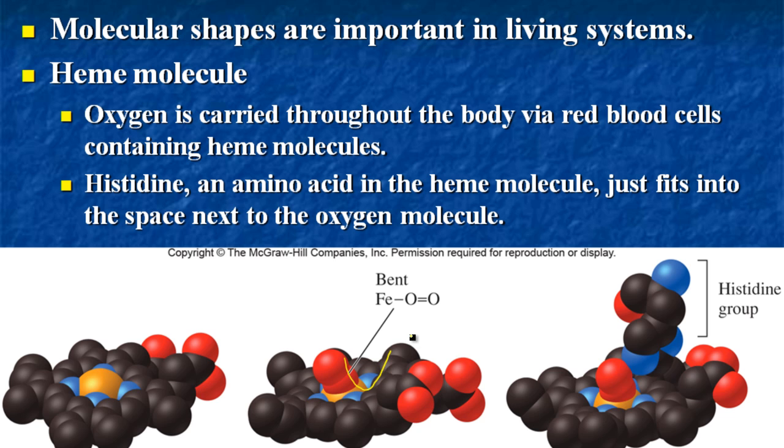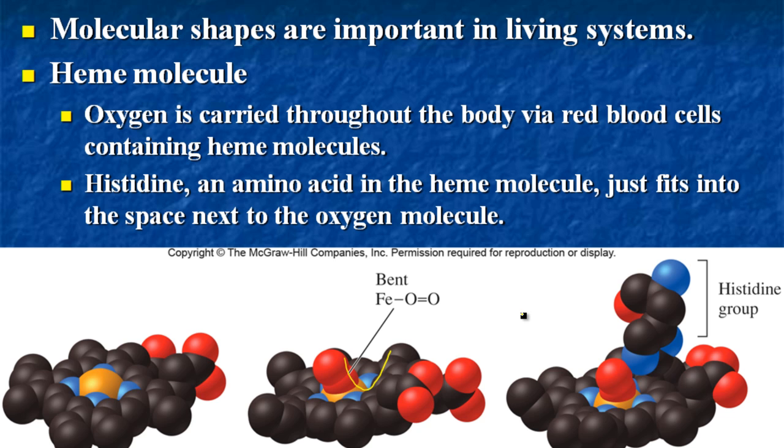An amino acid called histidine will exactly fit into that V shape. So in a heme molecule, oxygen comes from one side, histidine comes from the other side, and they both fit exactly into that position. In reality, that is the regular system in our body.